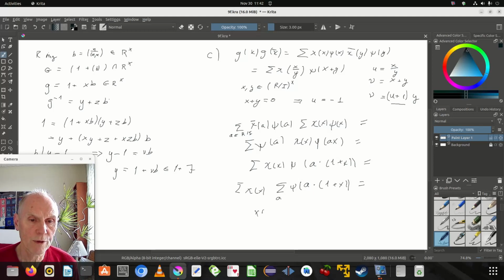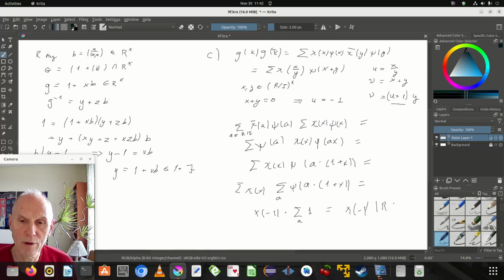So it's only chi of minus 1 times the sum of unity, which of course is the cardinality of our finite ring, and which is equal to the norm of the ideal.